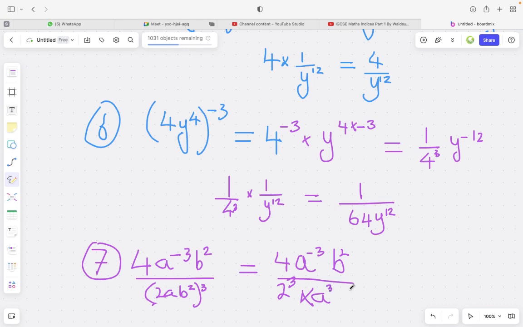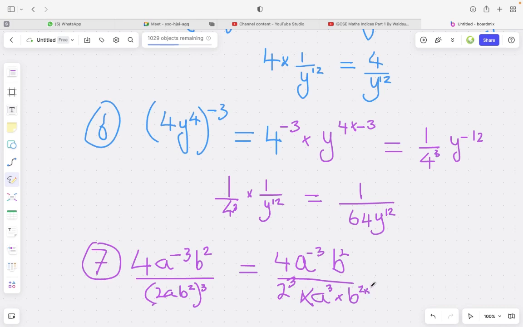And then you have b squared, so b to the power of 2 times 3. Then you multiply by the power outside, b to the power of 2 times 3.